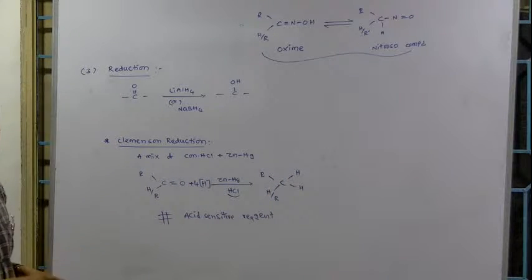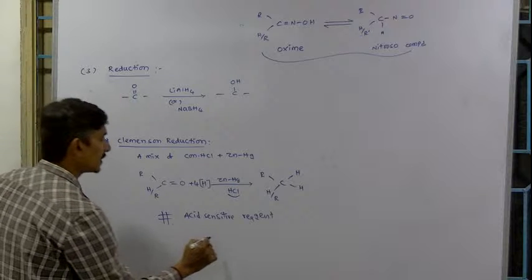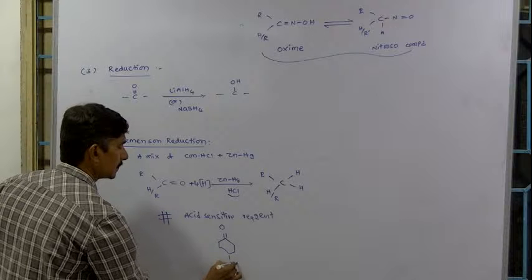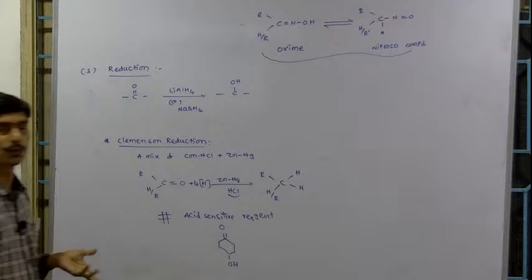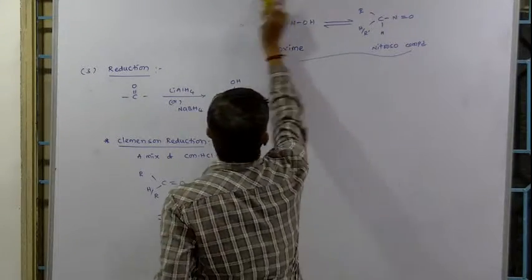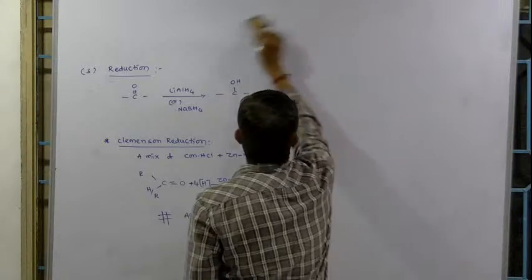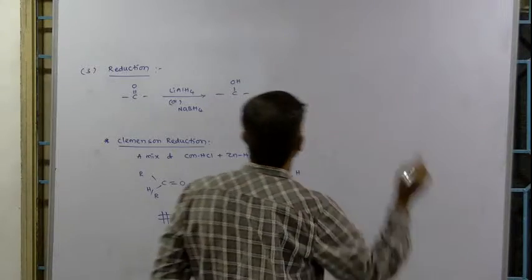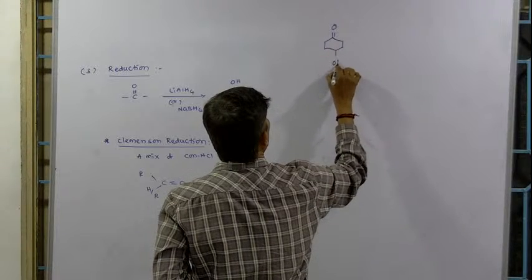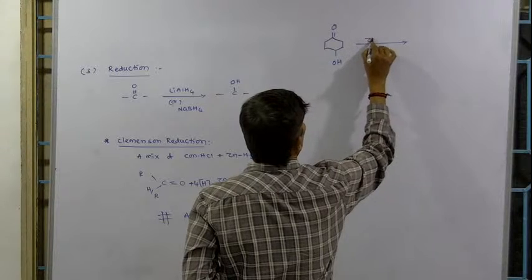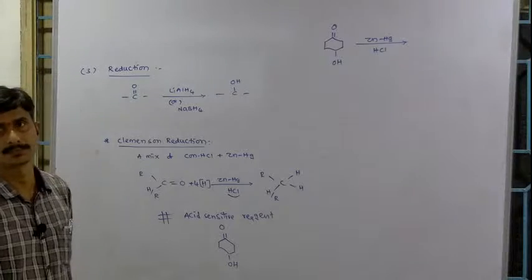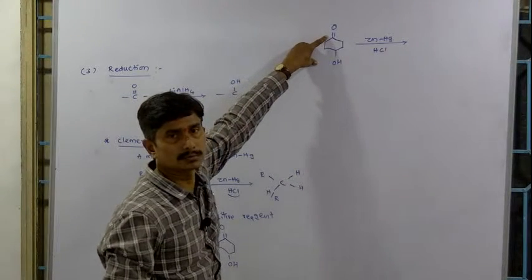In case it is containing any other group, for example, if it is a compound like this, and I use Clemmensen reagent and hydrochloric acid, it is reduced into what now?